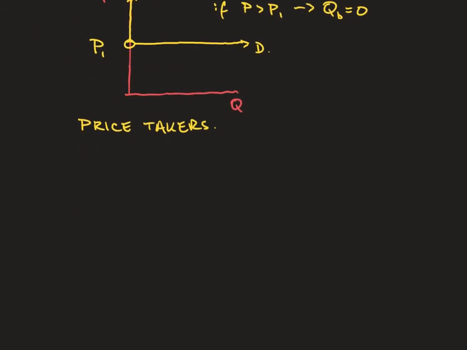Now, perfectly inelastic demand is a vertical demand curve.